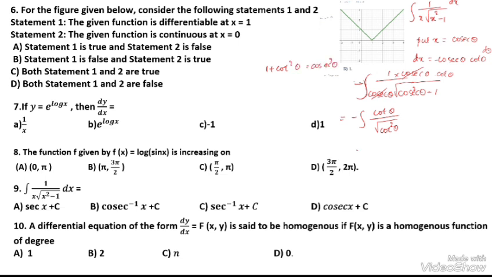Then minus of cot theta divided by cot theta, the root and square get cancelled. We have integration of 1 d theta.